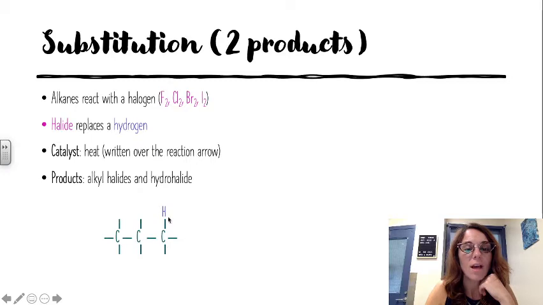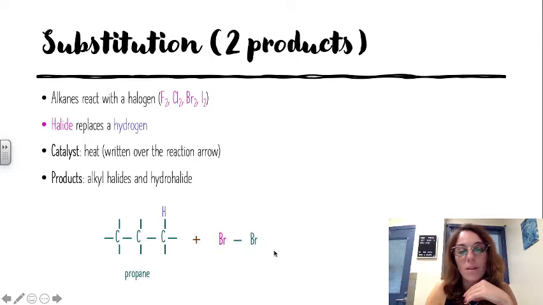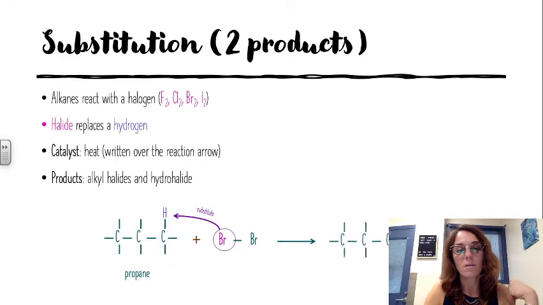I'm just showing the hydrogen that's being substituted, okay? And then here we have, in this case, bromine. So the hydrogen and the bromine will substitute with each other and switch places. So when that happens, we end up with, in this case, an alkyl halide.